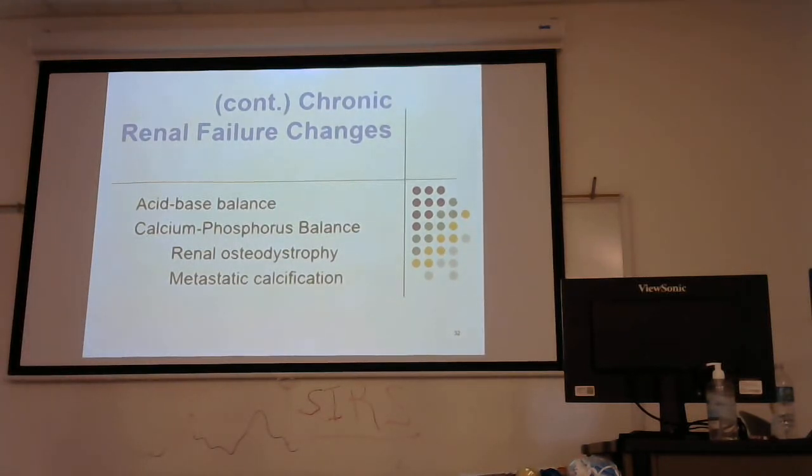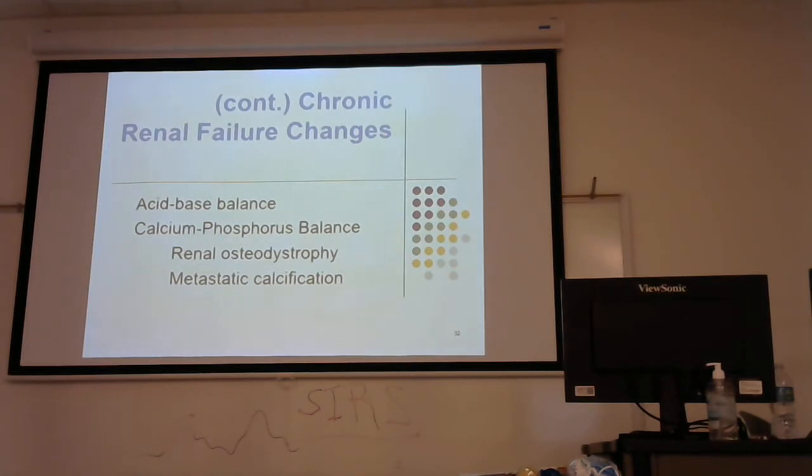And it goes around the body and gets deposited metastatically, which means far away from where it was done in the kidneys, into soft tissues. So it'll get under their skin, and they'll have little knots, and they'll scratch at it, and they might make a sore. They're prone to infections, not a good thing. But another big place is the heart.